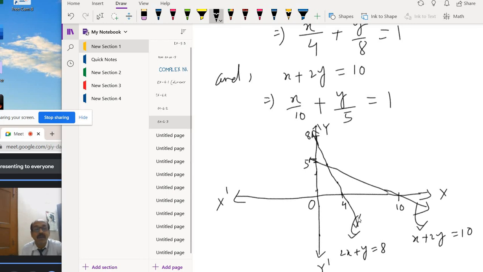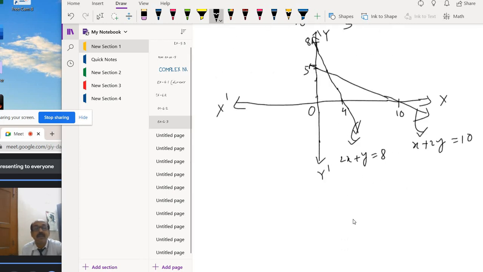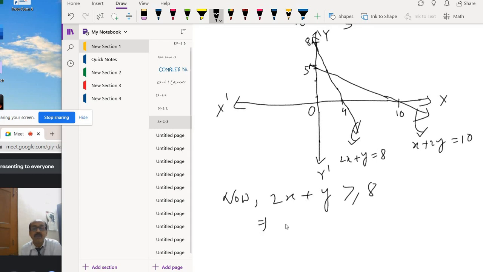Now find its direction. The first line is 2x plus y greater than or equal to 8. Putting 0, 0 is greater than or equal to 8, which is false.